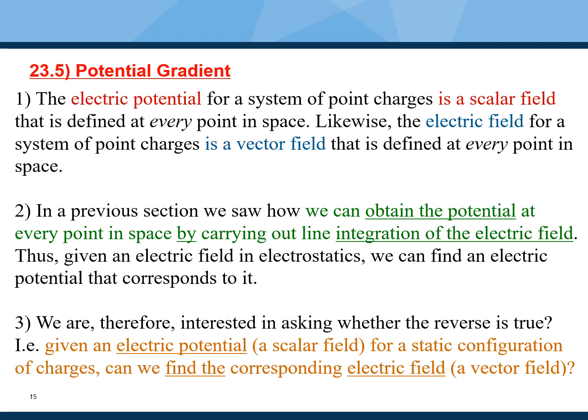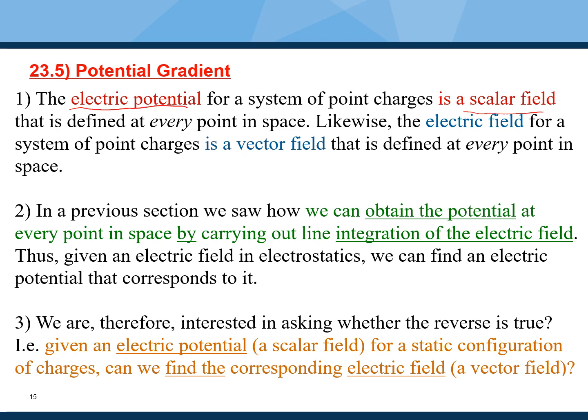So we're left with a very interesting situation. We know that if the electric field for a point charge or a configuration of point charges is given, then we can essentially find the electric potential for that configuration of point charges. We can do that by a process of integration. So we see that the electric potential for a system of point charges is a scalar value.